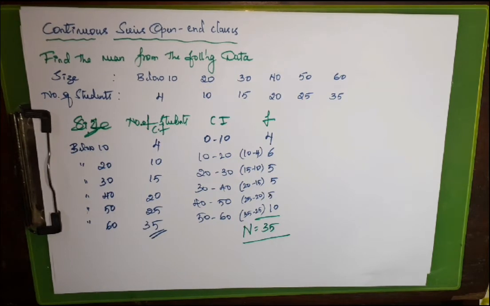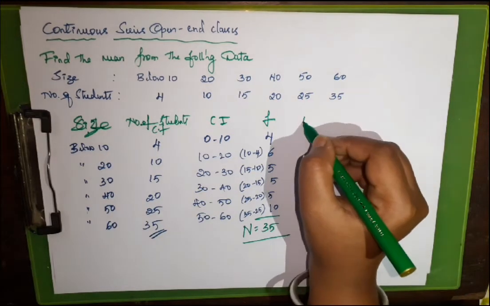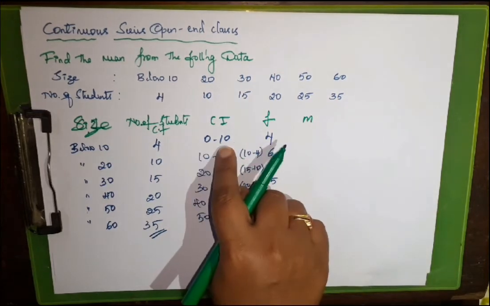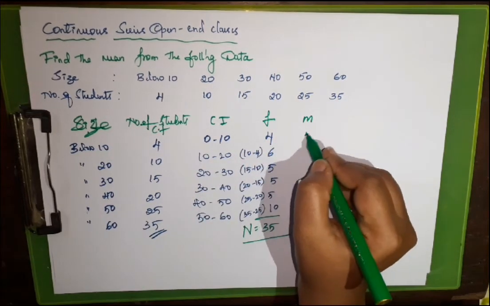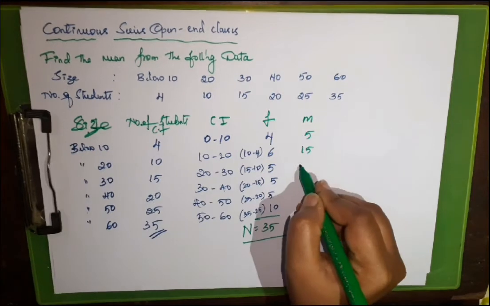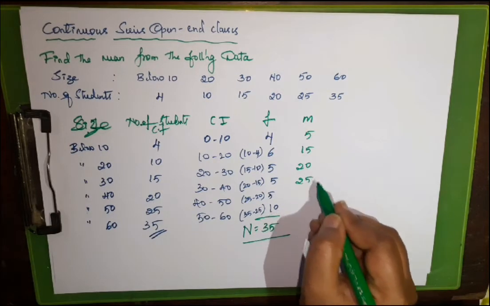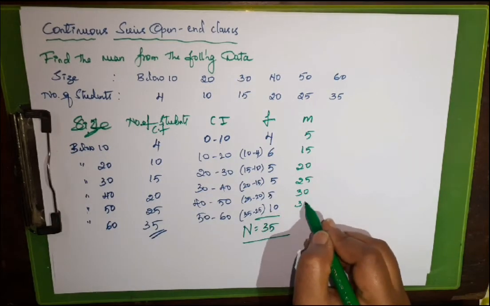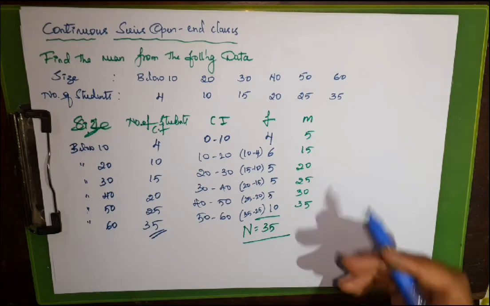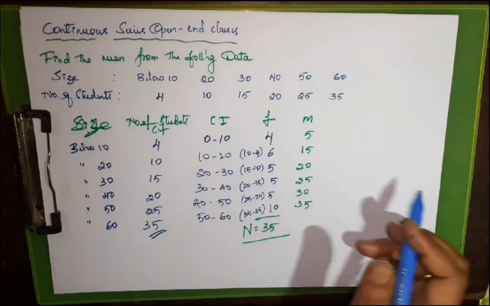You know, to find the arithmetic mean under continuous series, we need the mid value. Okay, so 0 plus 10 by 2 is 5, 15, 25, 35. You know how to calculate the mid value, that's why I am taking it directly.